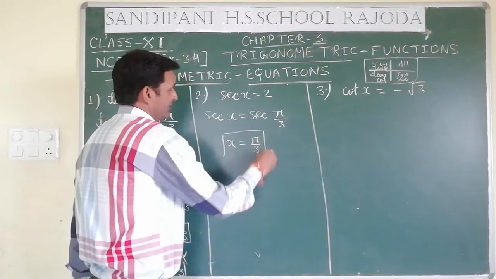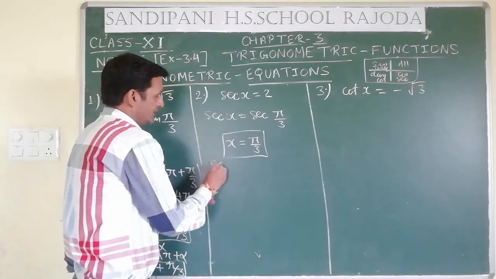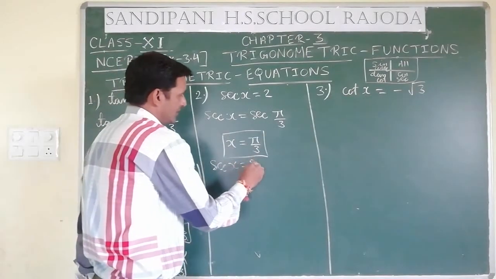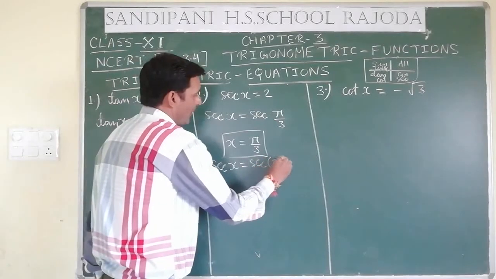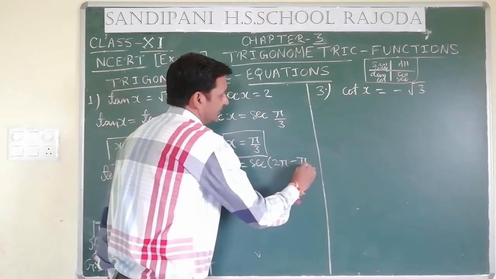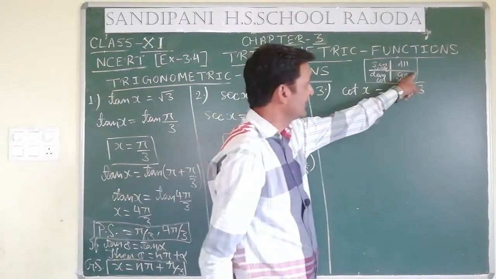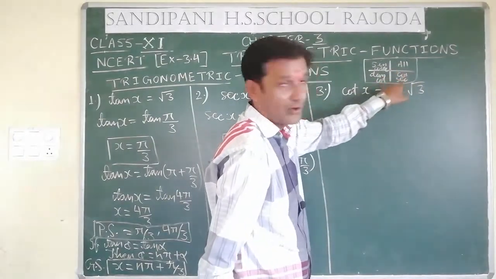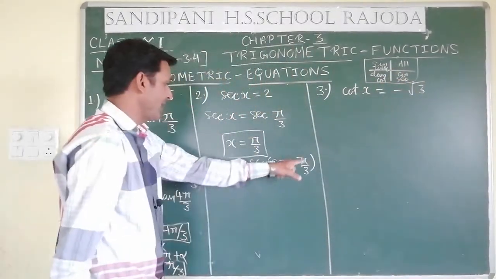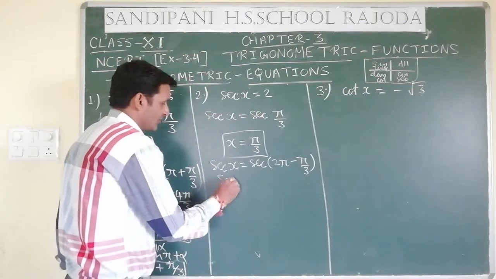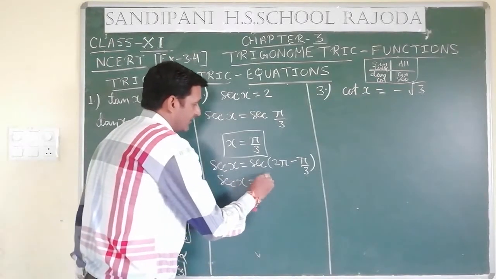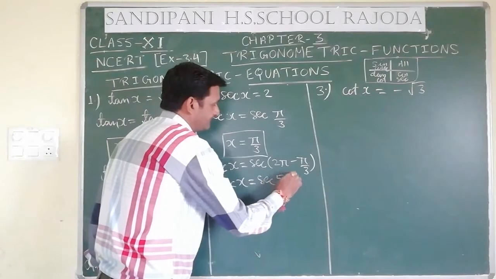This is one part. Now sec x may also be equal to sec of 2 pi minus pi by 3. See there, in the 360 form, this is also positive here. So 6 pi minus pi, that is sec x is equal to sec 5 pi by 3.